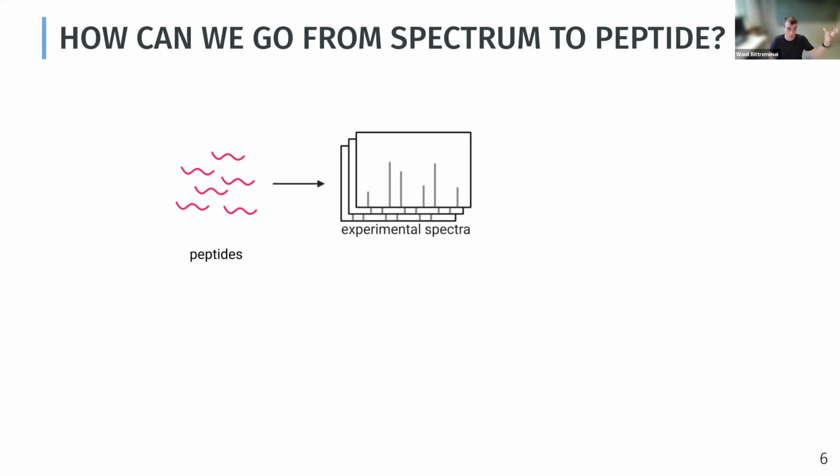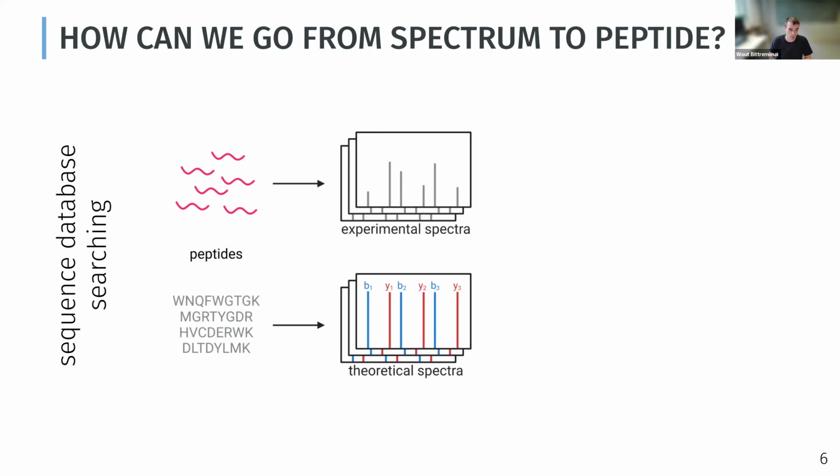So we have our biological sample, we extract the proteins from it, we digest those proteins into peptides, and then for the various peptides, we acquire tandem mass spectra. At the same time, we have our theoretical protein database.